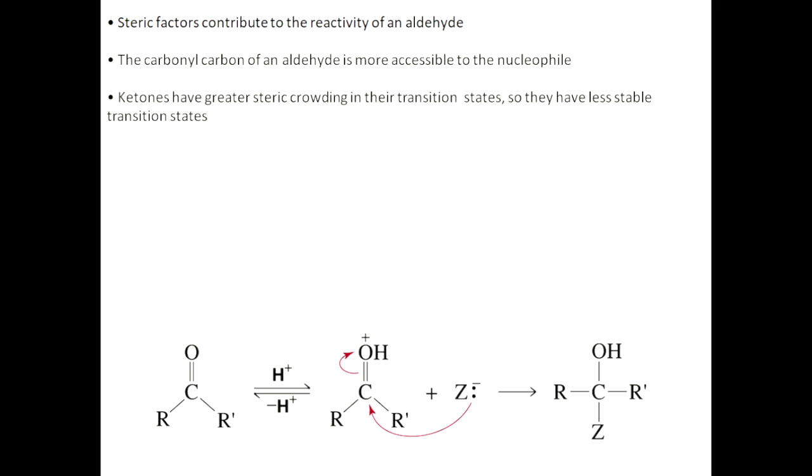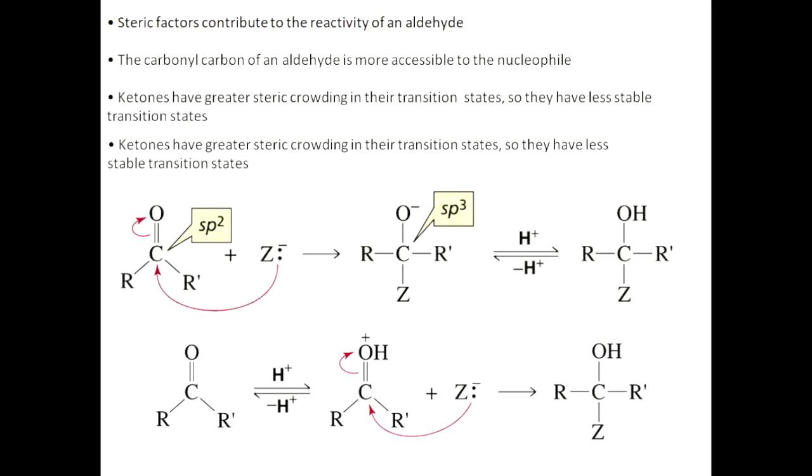Due to the presence of two alkyl groups, the carbonyl group is surrounded and more crowded. Ketones have alkyl or aryl groups on both sides, so there is more steric crowding. Therefore, their transition states are less stable.